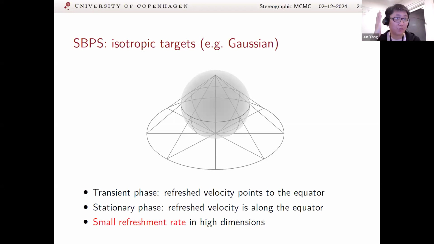So most of the component of this refreshed velocity will be in that orthogonal space. And the orthogonal space makes the particle stay on the equator, because the equator actually is a d minus 1 dimensional sphere. Which means a refreshment actually won't make the particle leave the equator, so you can simulate a very small number of refreshment events and more bounce events.